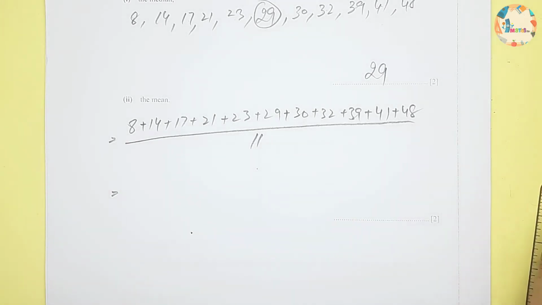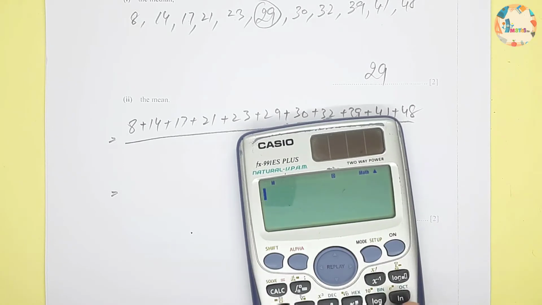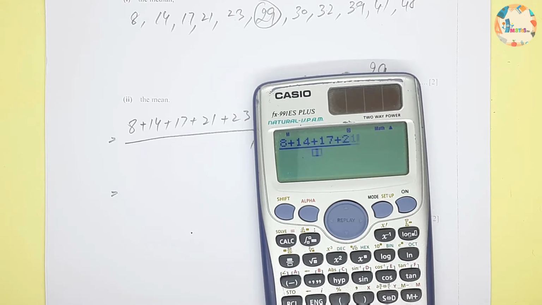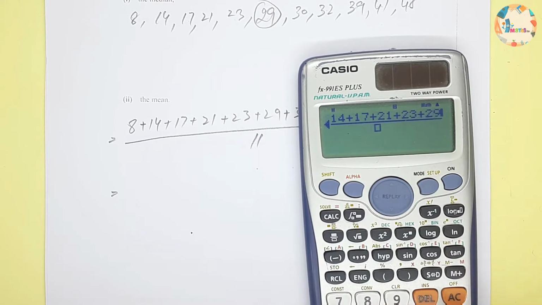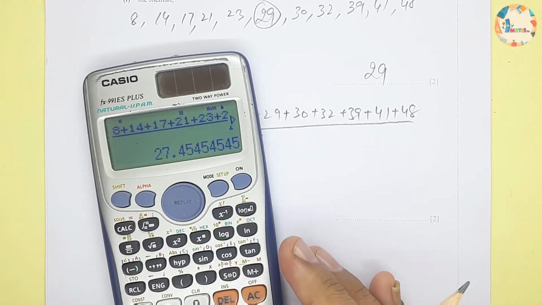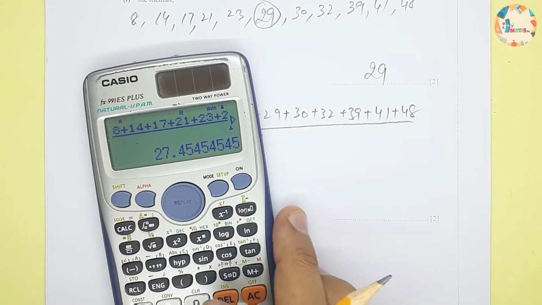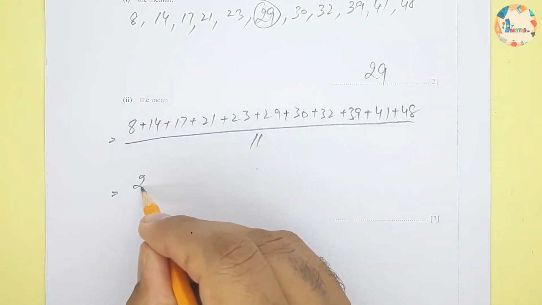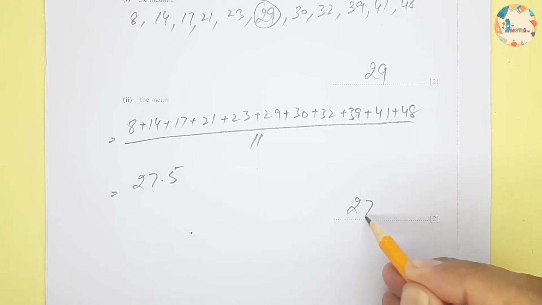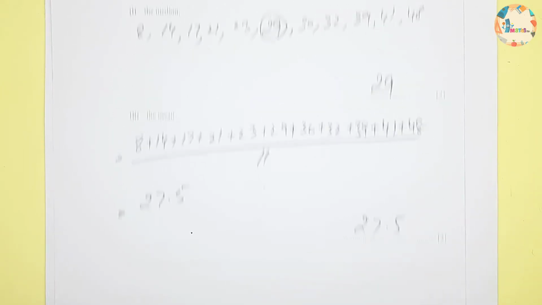This is how we are calculating the mean, the average. It will give us 27.45, or we can round it to 27.5. So 27.5 will be our answer.